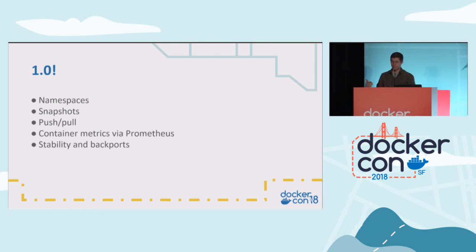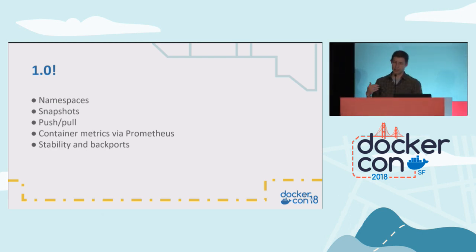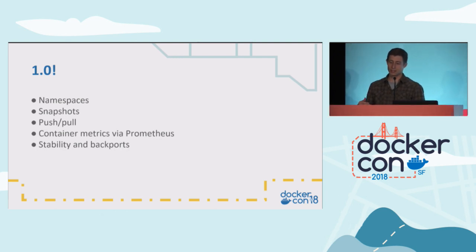So, since last year at DockerCon, it was when we first started to change Containerd from just the execution side to adding image distribution and snapshotters. And since then, we've hit our 1.0 release, and it has things such as namespaces within Containerd, where we have multiple clients like Docker, Kubernetes, Swarm, all using a single Containerd daemon.